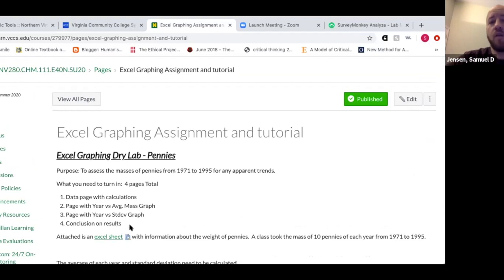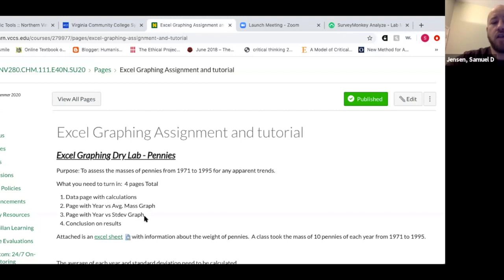What do the 2 graphs tell us about any particular trends in the average mass of pennies? Why did they change? What happened?